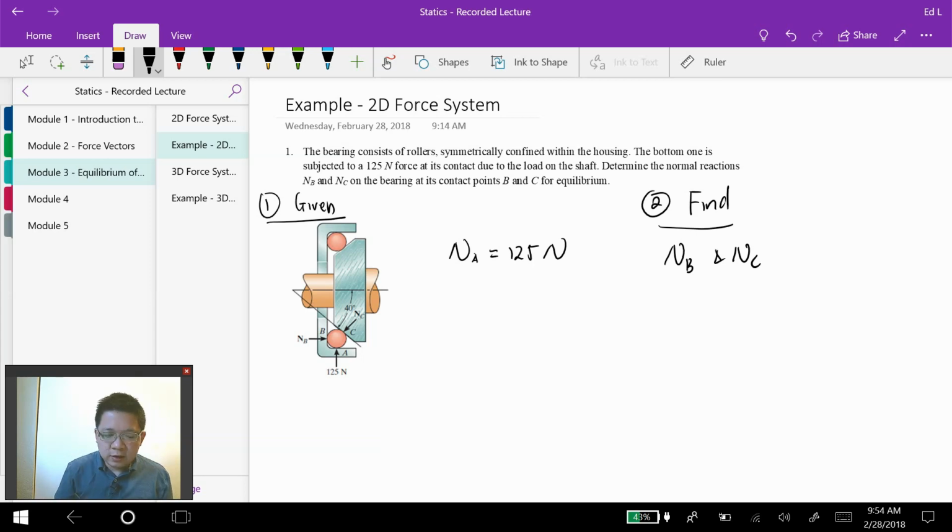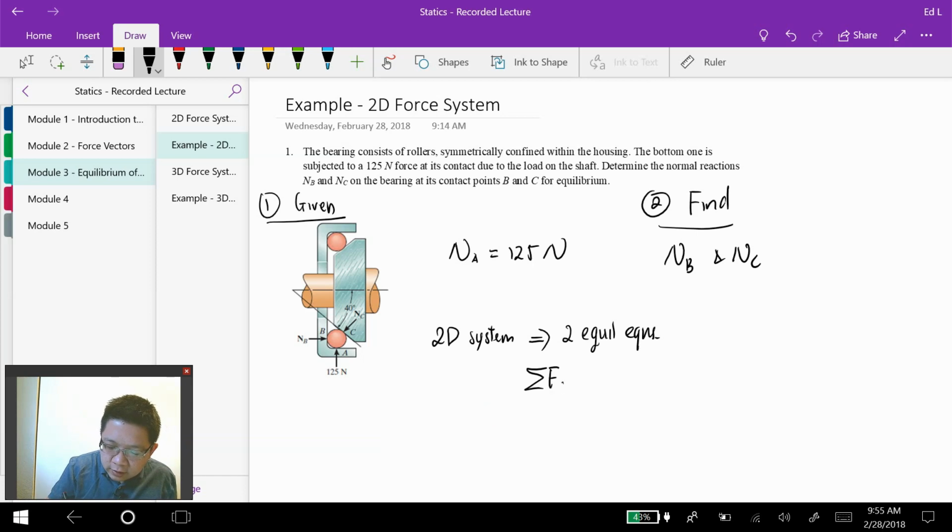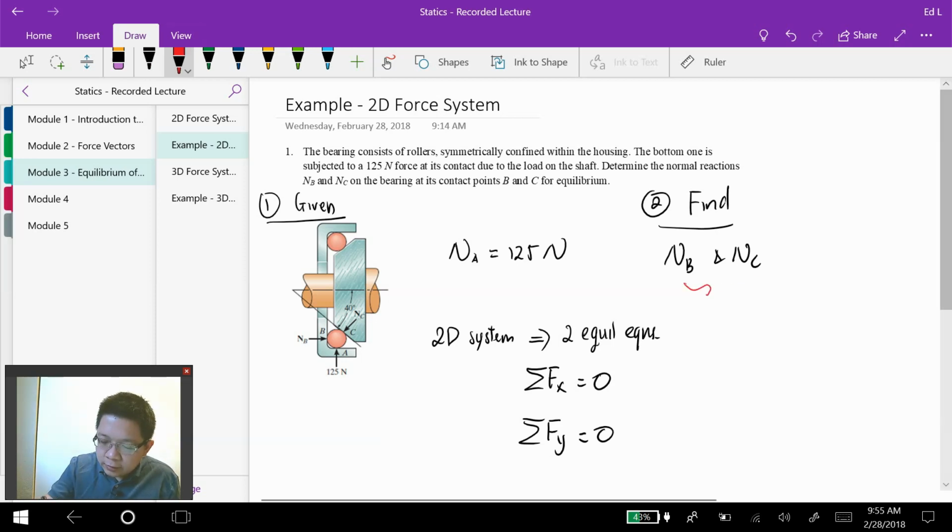Since this is a two-dimensional system and we talk about particles, we have two equilibrium equations: the sum of the forces in x equal to 0 and the sum of the forces in y equal to 0. And here we have two unknowns.